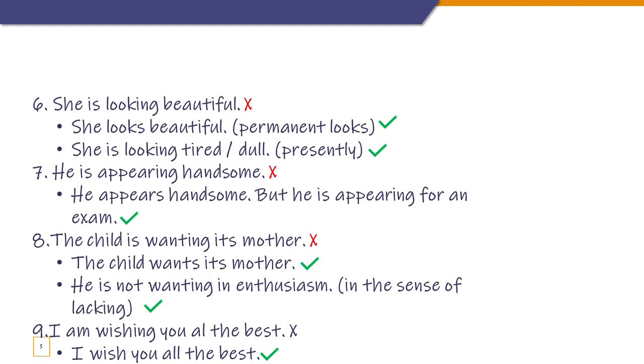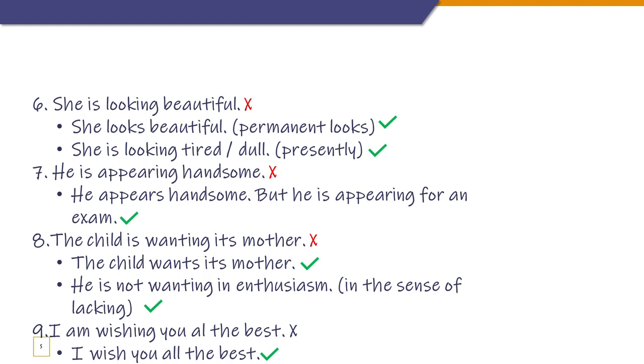Now next one. It's a very common mistake that we say, I'm wishing you all the best, isn't it? Some people say this, but it's not a standard way to say. You always say, I wish you all the best. And another one we often see in birthday cards says, here's wishing you loads of happiness.